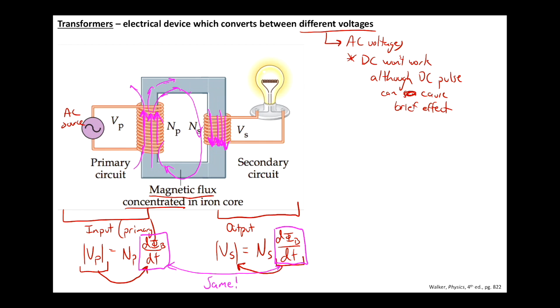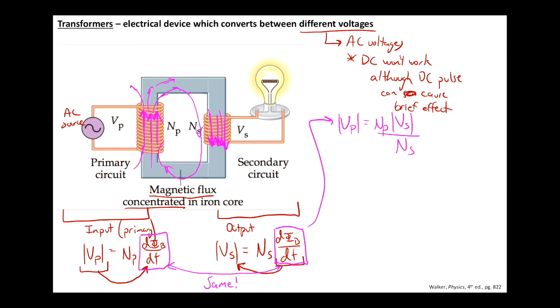If the rate of change of flux for those two is the same, we could merge those two equations together into one, and you're going to get something that looks like this. Let's go up here. The voltage in the primary is equal to the number of loops in the primary times the voltage in the secondary divided by the number of loops in the secondary.